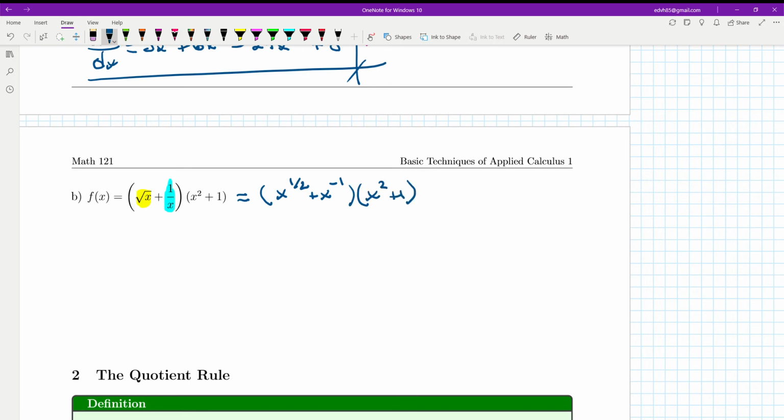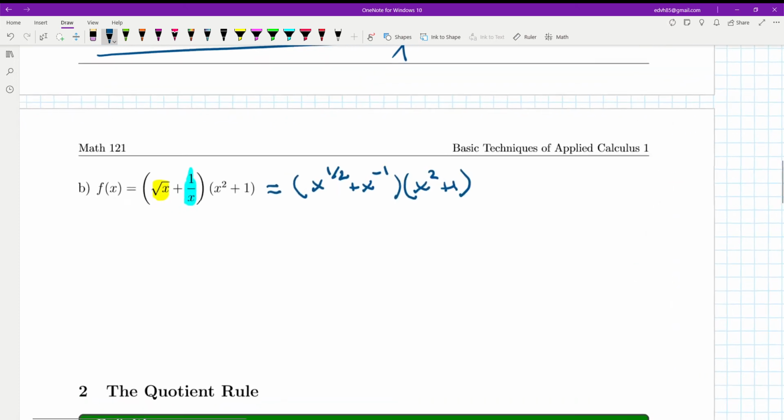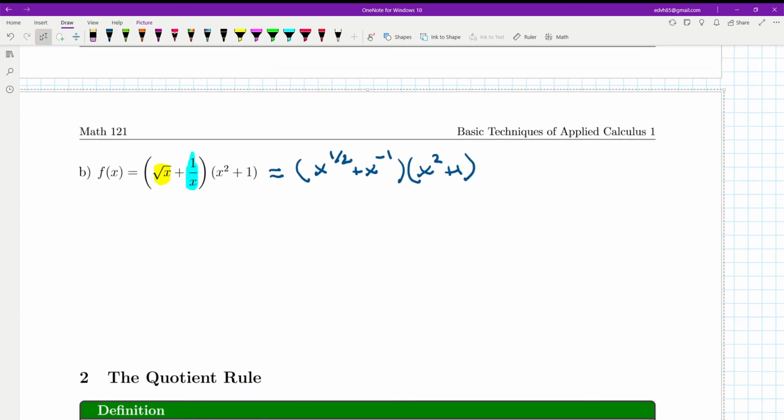So we're ready to do the product rule. The derivative of f, that is f prime of x.